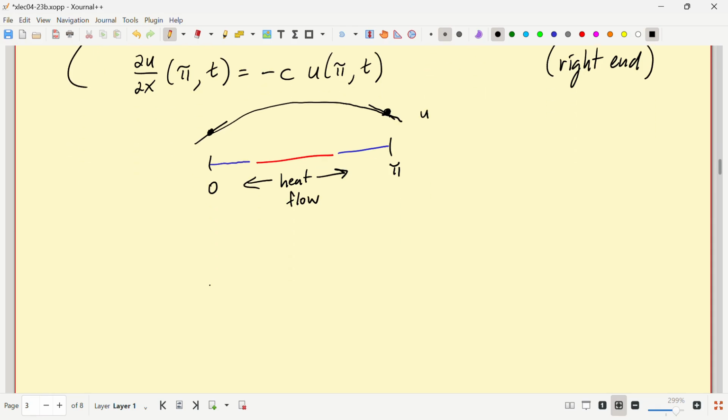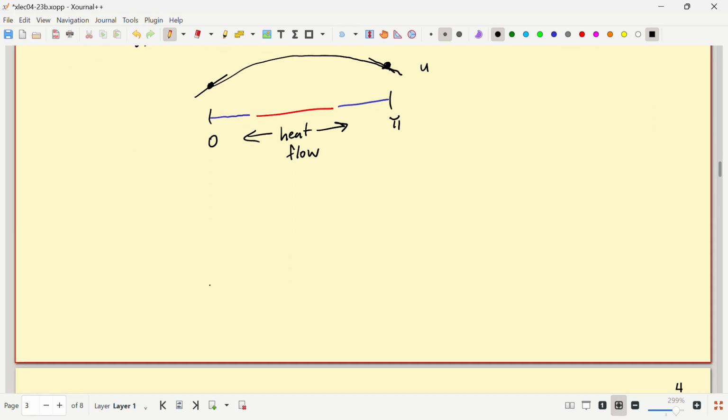I told you today I wanted to think about the vibrating circular drumhead problem, the vibrating circular membrane.